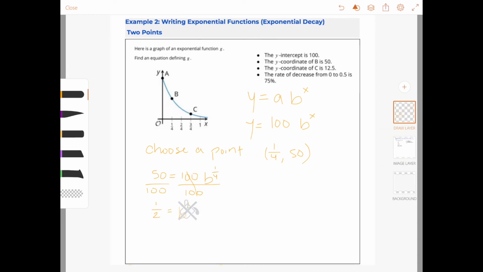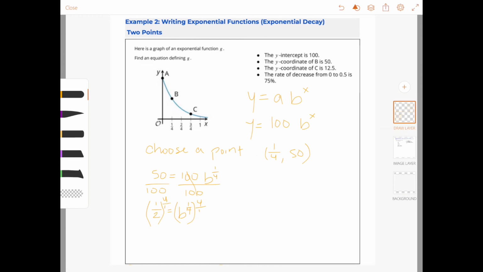And to get rid of that exponent, that 1 over 4, we just multiply it by the reciprocal. So I'm going to multiply b to the 1/4 by the exponent of 4 over 1. And whatever I do to one side, I have to do to the other, so I'm going to do that to the left side as well: 1/2 raised to the power of 4 over 1.